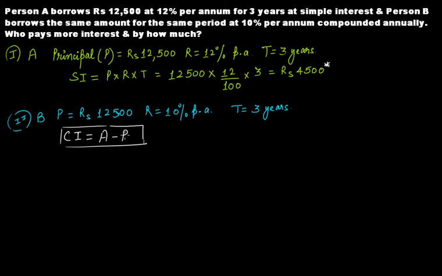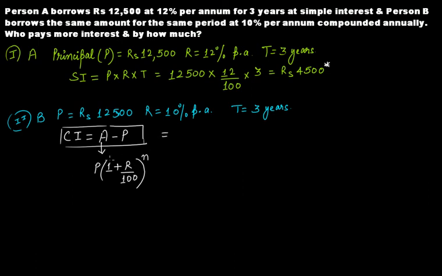Now this final amount A can be given by the formula P, the principal, within the bracket 1 plus R by 100, where R is the rate, raised to the power of N. N is the years, so in this case N will be 3 years, right?